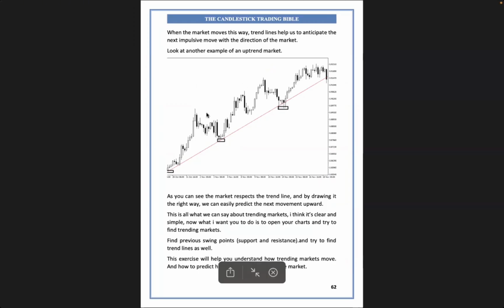So when you look at this picture here, you can identify that this was the highest point price reached before the retracement. So we identify this area as a swing high, and this area as a swing low, because this was the lowest point price reached before the impulsive move began.